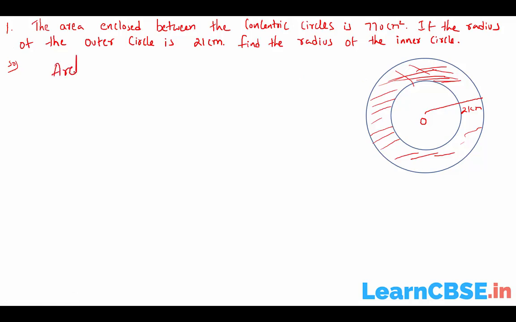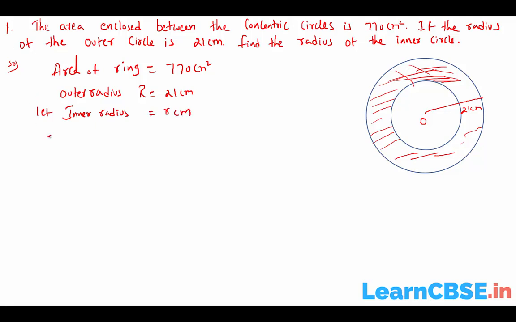Area of ring is given as 770 centimeters square. Also given outer radius capital R equals 21 centimeters. Let the inner radius equal small r.